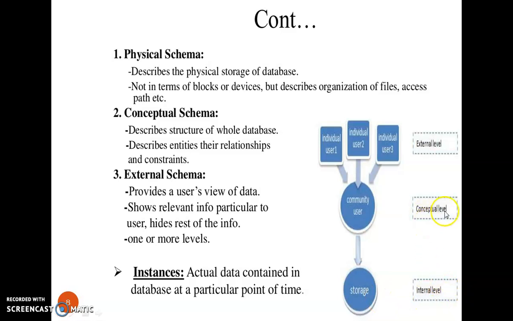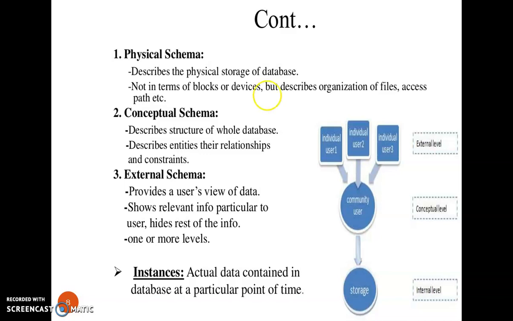In the conceptual level, community users will be there. And in the external level, different kinds of users will be acting upon it. Physical schema describes the physical storage of the database, not in terms of blocks or devices. It describes how the organization of files is carried out and the access path through which we can access the files.